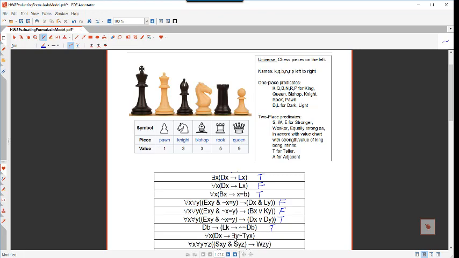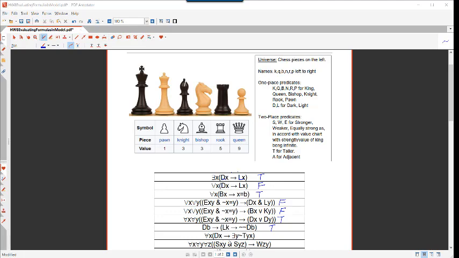Okay, the next one says for all x, if x is dark, then there exists a y such that it's not the case that y is taller than x. So all light things, all non-dark things, makes this conditional true. So we only have to think about the dark things and consider whether any of the dark things that make the antecedent true make the conclusion false.